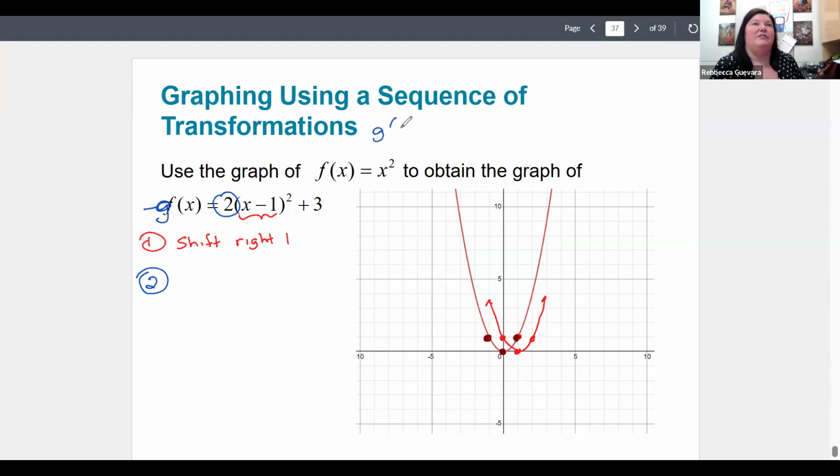What we're saying here is that g of x is really just x squared, right? So we take the square, we subtract the 1, then we multiply by 2, then we add the 3. So we're looking at these transformations. This 2 is directly outside the parentheses, outside that x. So that is going to be a vertical stretch.